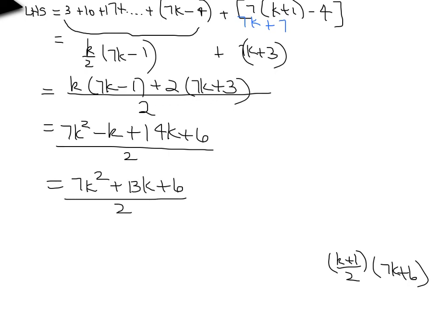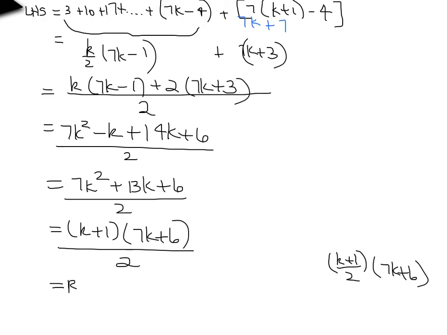Now if I look at this, that does not look like that, does it? What do we have to do? Well, we might have to factorise the top. Basically, the answer's there. Hopefully it does factorise as k plus 1 and 7k plus 6 all over 2. You just check that's correct, which it is, and then you write equals the right-hand side.